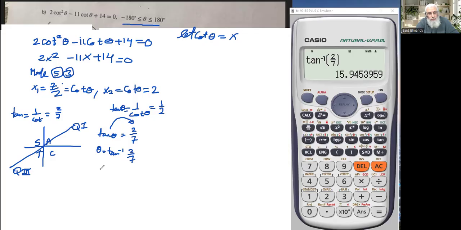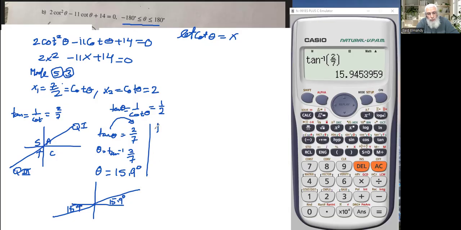Theta is equal to 15.9 degrees. This is one solution. So 15.9 would be here, and 15.9 here.